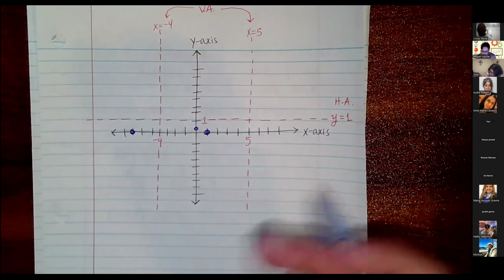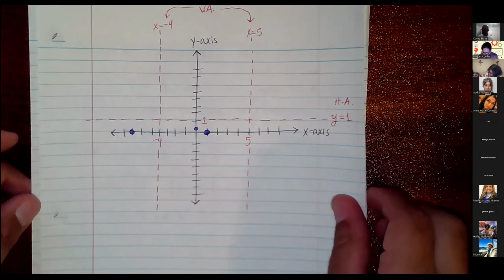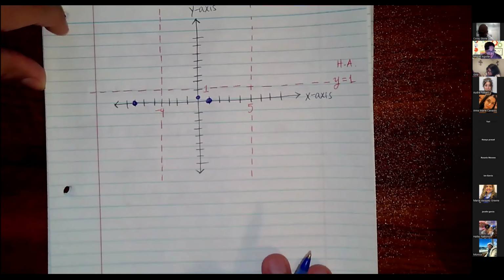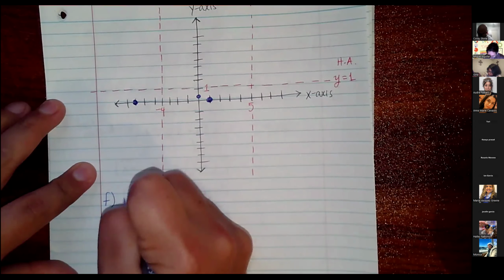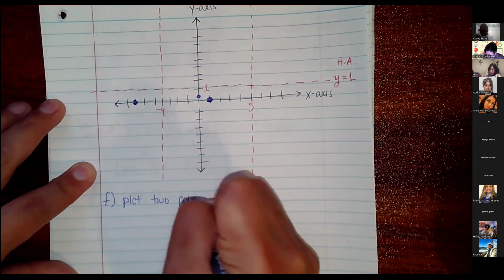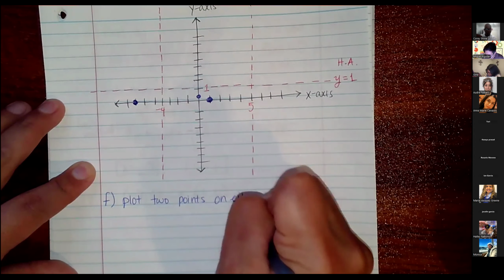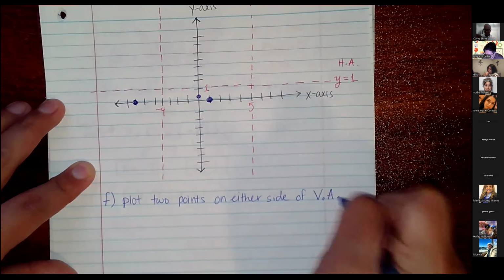But right now, we don't have a good sense of what this graph is going to look like. So in ALEKS, the last thing on this sort of question, question F, says plot at least 2 points on either side of the vertical asymptotes.